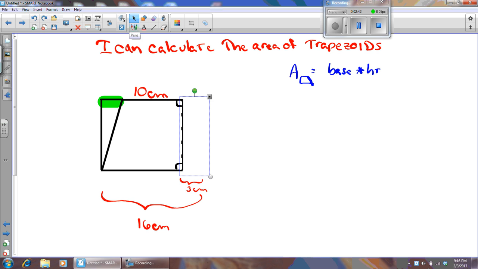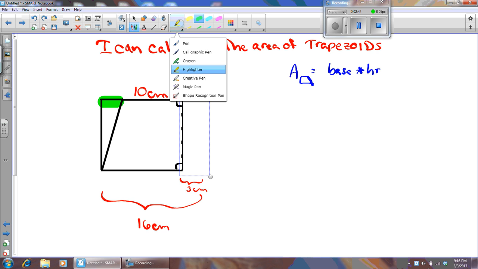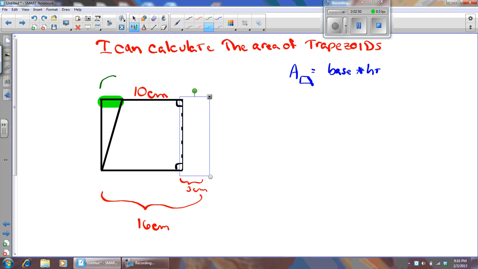So now this base has become 13 centimeters. Would you agree with that? Because it was 10, and then I add the 3 on. So 13 centimeters. Now remember this one was 16, but it lost the 3. So from here to here, it's also 13 centimeters.